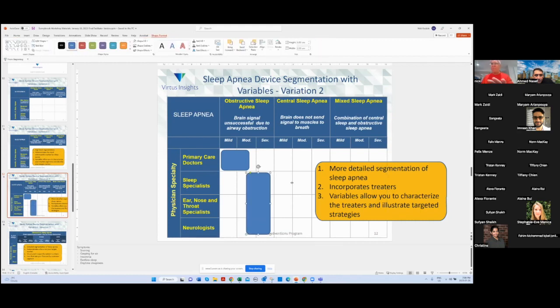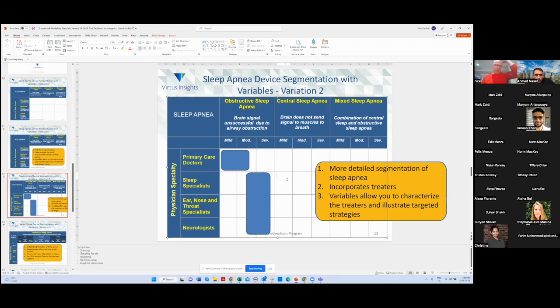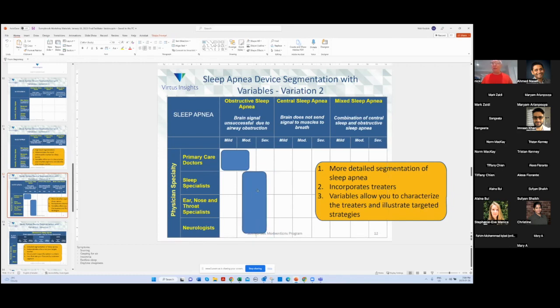Do you see where I'm getting at? Okay. Why this is important is because if for any reason your product is better suited, as a hypothetical example, for moderate severity of obstructive sleep apnea, it would be a waste of resources to focus entirely here.